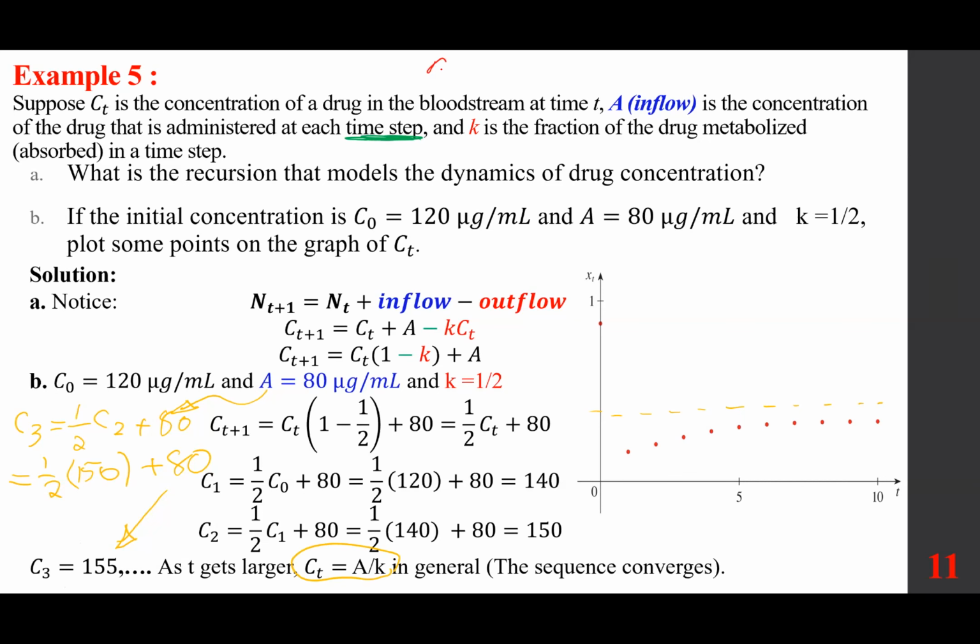So A over K, and we know the amount of A was 80. K is 1/2. 80 divided by 1/2 means 80 times 2. So 160 micrograms per milliliter, meaning it has been checked.